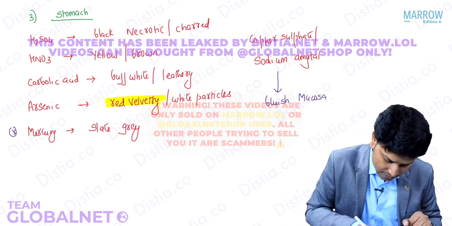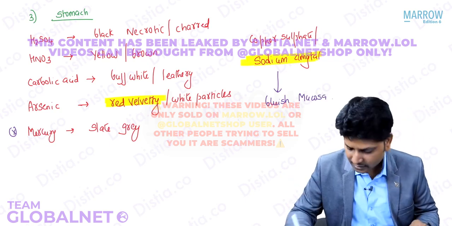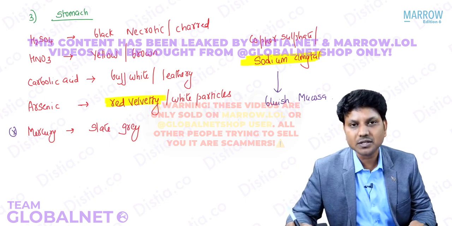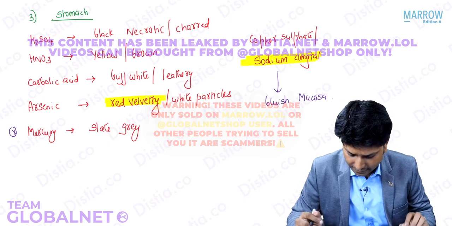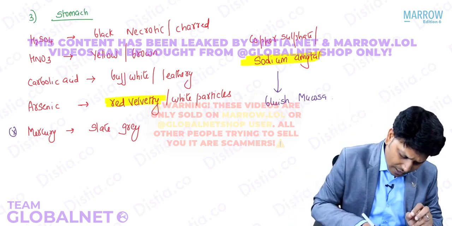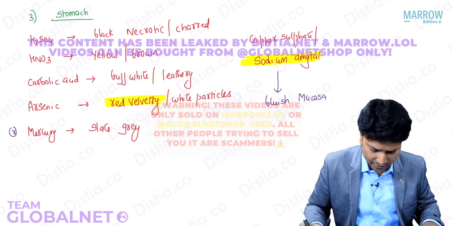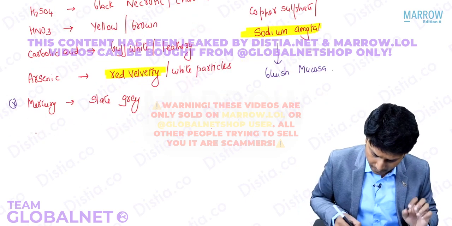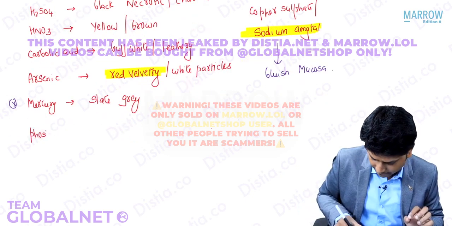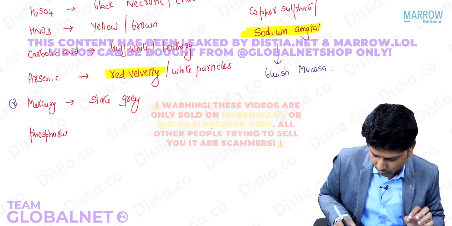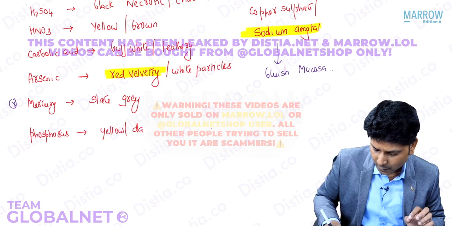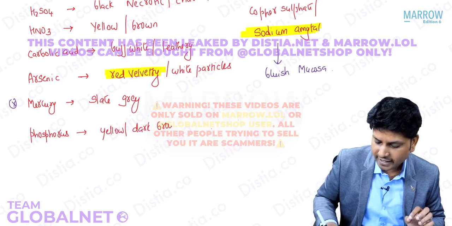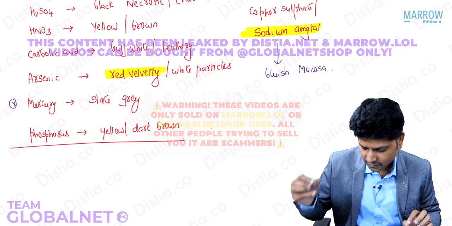This was asked in one of your previous JIPMER exams, sodium amytal, bluish stomach mucosa. Okay, so these are the common findings that you have to see. Phosphorus. There is one additional point I'll tell you. Phosphorus, either you get yellow or you can get dark brown. Right? This is an extra point for phosphorus.